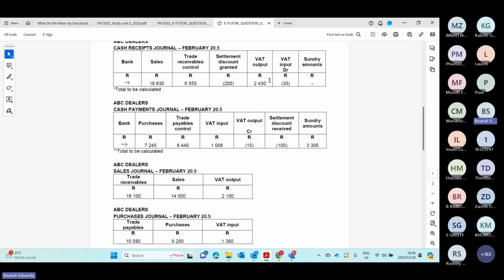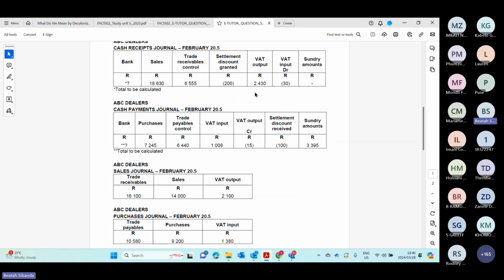And the VAT input is in brackets because it's reducing the VAT output that we are accounting for. Remember, the moment our sales amount goes down by the discount, it means the VAT output is also going down. So this is just reducing that. Okay, thank you.